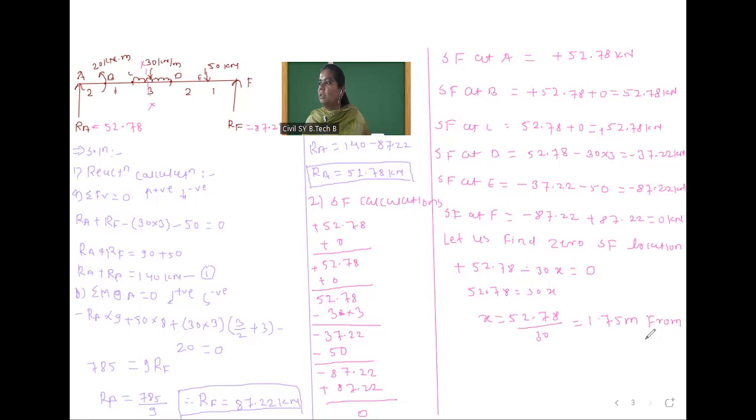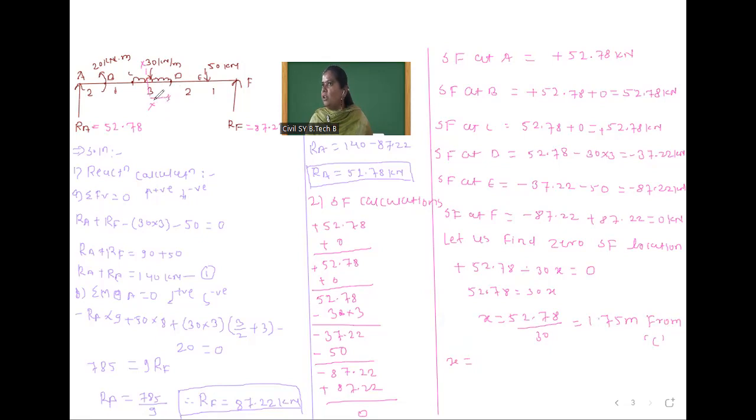Okay, from C point. And if I have to find out from this D point, so how to calculate? Total span for this C to D is 3 meter, and C to x is 1.75, and we have to find this remaining distance.